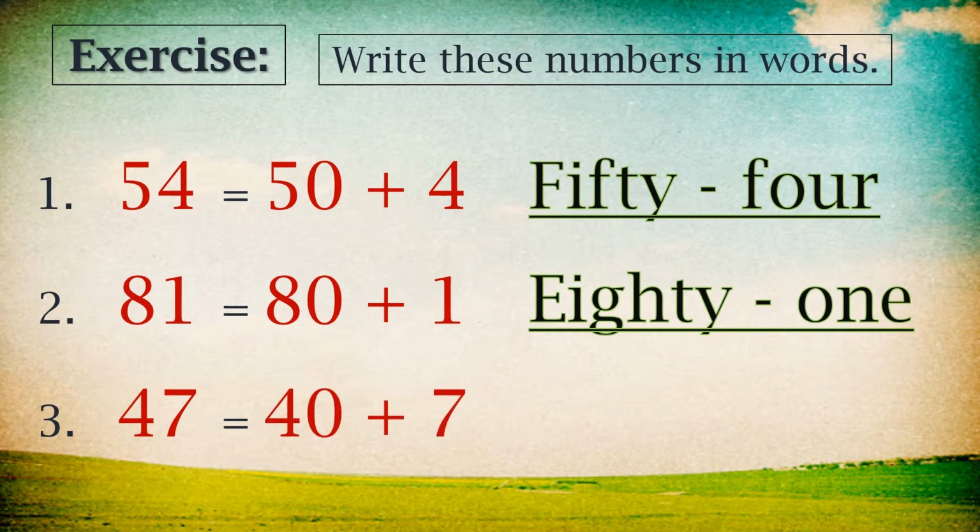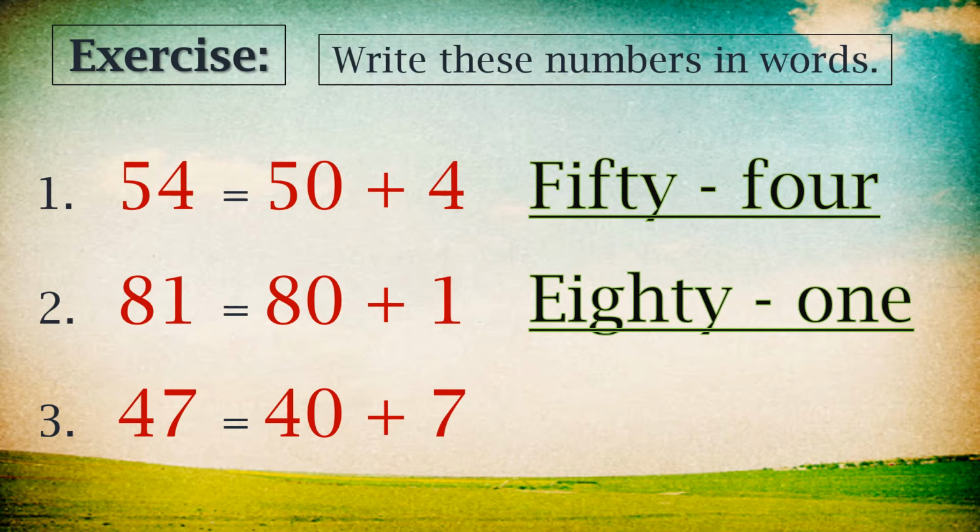You're right, kids. 4 is equal to 40. Why 40? Because 4 is tens. So there are 4 tens, so it should be 10 plus 10 plus 10 plus 10. So it's 40 plus 7. 40 plus 7 is equal to 47.